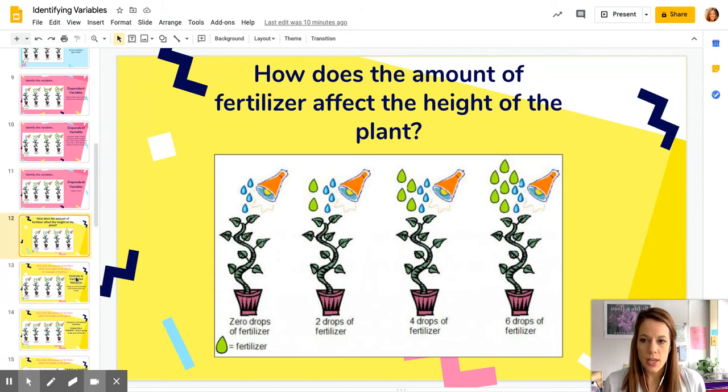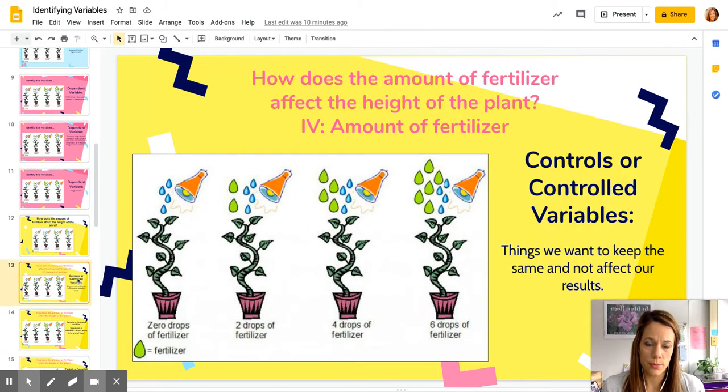Okay. Now we've got to figure out controls. So again, if we're only changing from one plant to the next, the only thing that we're changing is the amount of fertilizer, and we're measuring the height. Everything else we want to keep the same. Controls are variables, things that could affect our results, but we don't want them to.